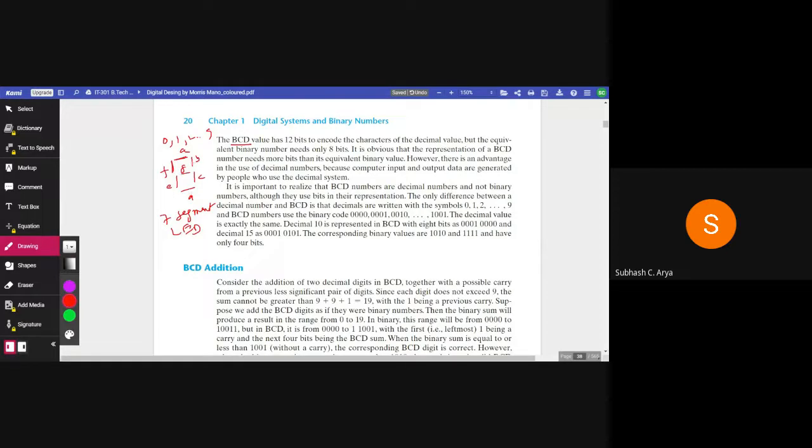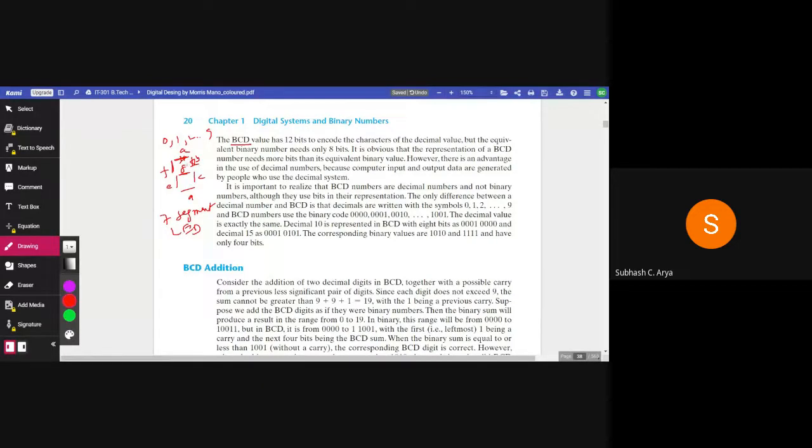So these 7 LEDs glow. If I want to represent 1, then the B and C LEDs will glow, the rest will not glow. So we are able to see 1.